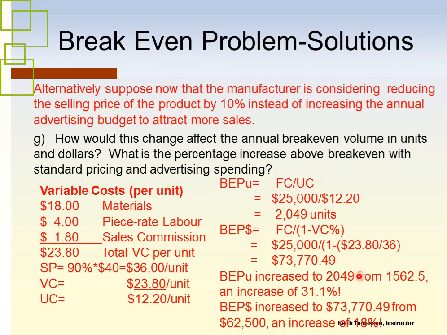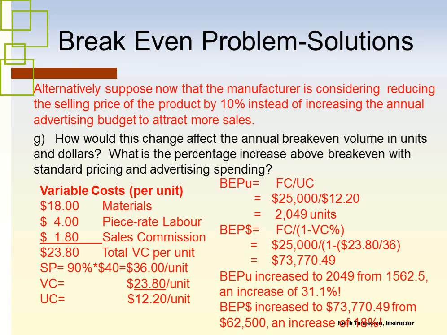So what's happened is our break-even point in terms of units increased to 2,049 units from the 1,562.5 units that we previously calculated, which is an increase of 31.1%. So now we need to sell 31% more units to reach our break-even point because we reduced our selling price by 10%.